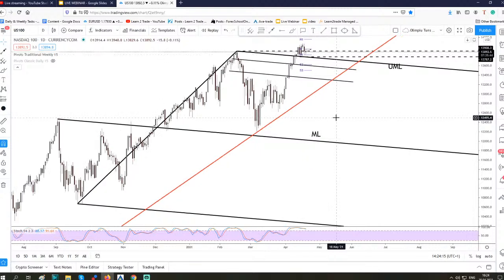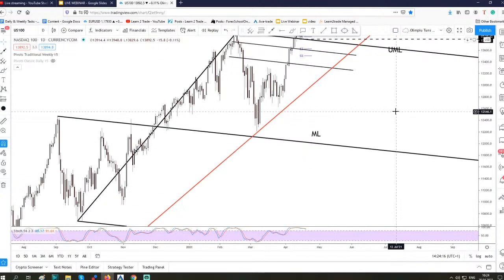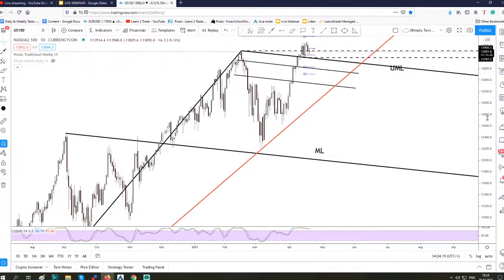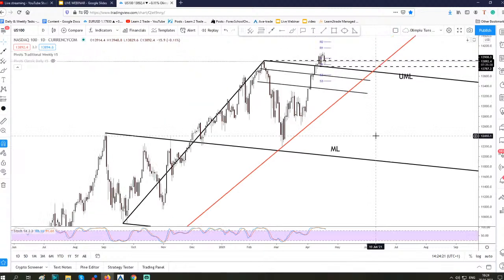medium line. As I've told you in my previous live webinars and in our video tutorials, when the price fails to reach the medium line, then we could have a move in the opposite direction.